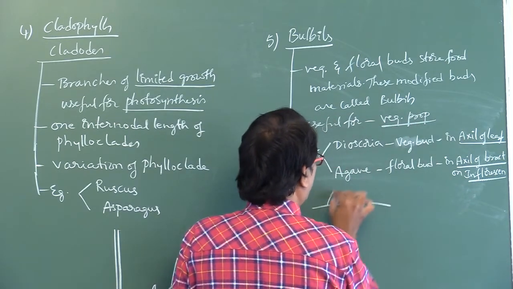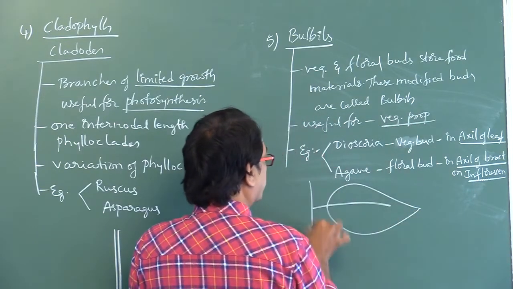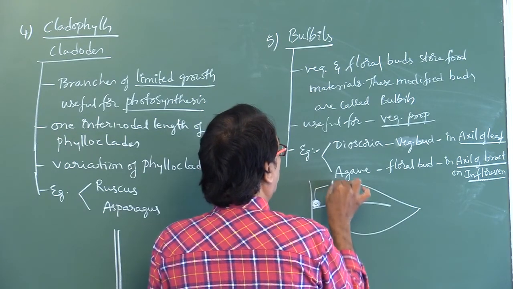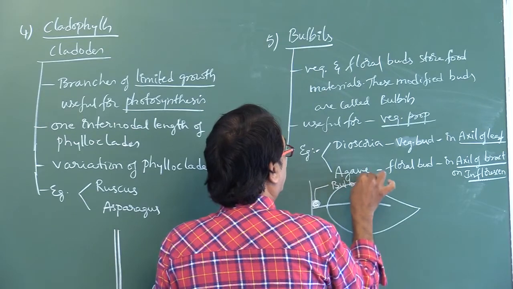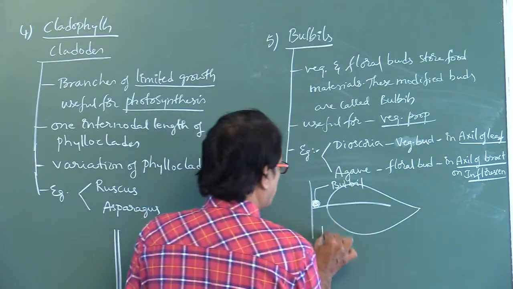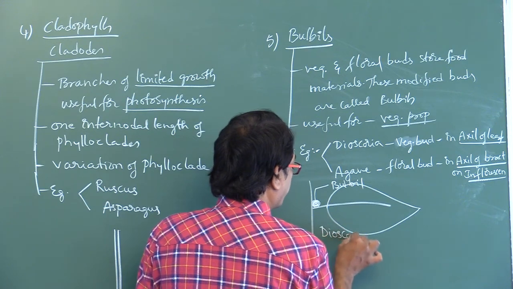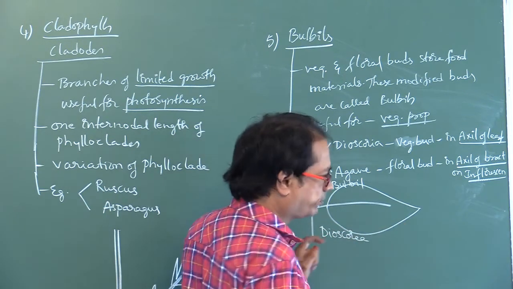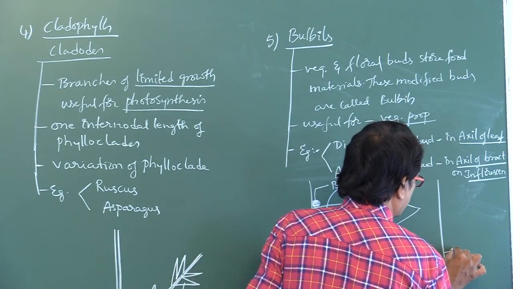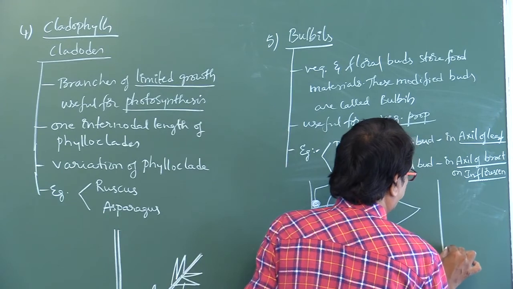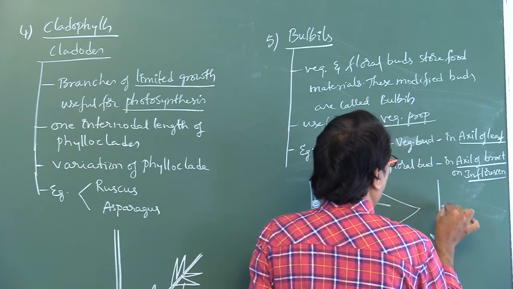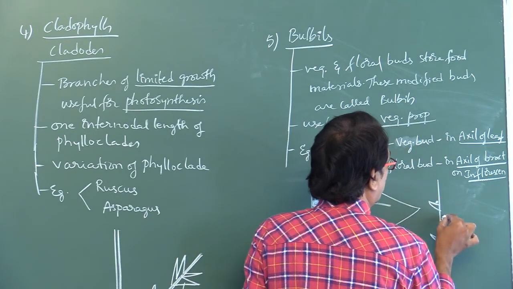Let us suppose this is the diagram. So here this is the bulbil. So bulbil is present in the axilla of leaf. This is the diagram of Dioscorea. If we observe, this is the bract, here is the bulbil, bract, bulbil, bract, bulbil, bract, bulbil.